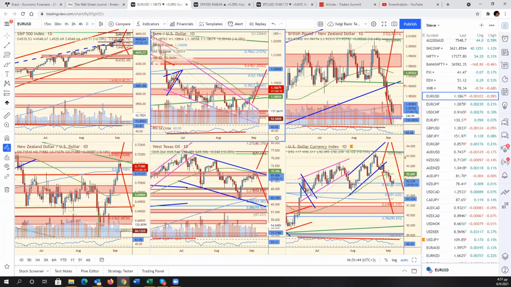Do you remember when the previous hiking cycle began under Janet Yellen, that she raised 25 basis points? The first hike was 25 basis points, and if I remember right, it was December, and it took them a whole year to hike another 25 basis points, which most probably, if Trump hadn't been elected, they wouldn't even have done that.